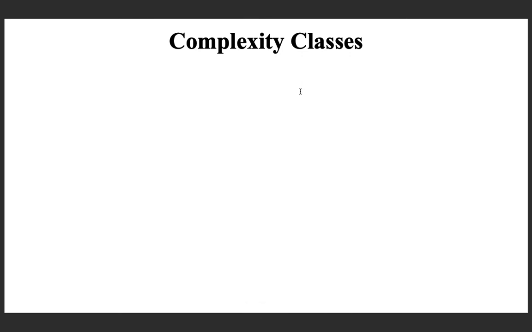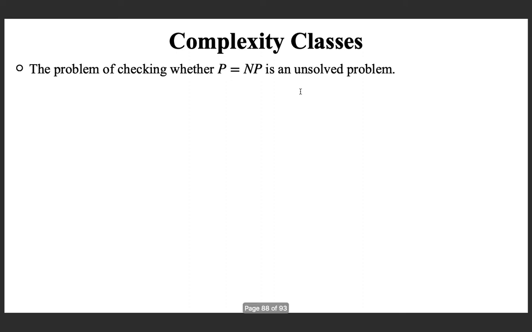Now we are coming to the last part of this lecture, where we are going to recollect the complexity classes that we discussed in the last 3 lectures. We know that the problem of checking whether P is equal to NP is an unsolved problem for the last 51 years.